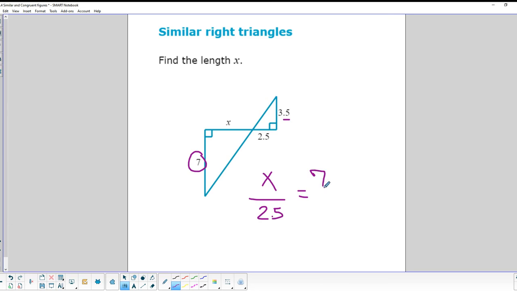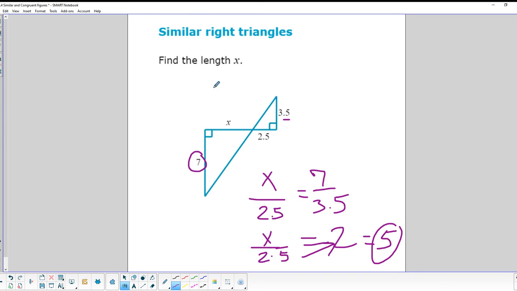So 7 over 3.5. All right, and when I do that, I notice that 7 divided by 3.5 is just 2. So x over 2.5 equals 2. And when I cross multiply 2.5 times 2, I get a grand total of 5. So my missing length x is 5.